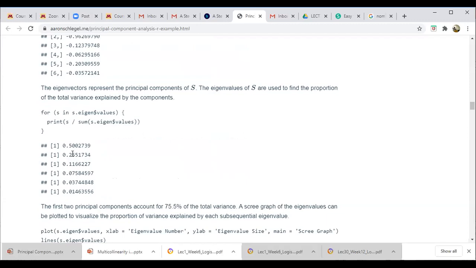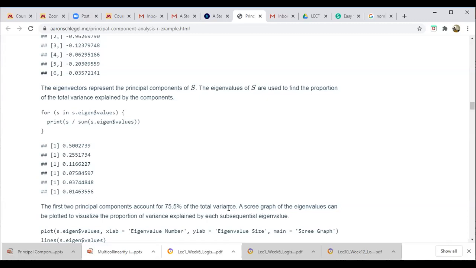The first two principal components explain about 75%, because when you add this to this, you're going to have 75.5%. That was why I said the first two principal components account for 75.5% of the total variance.